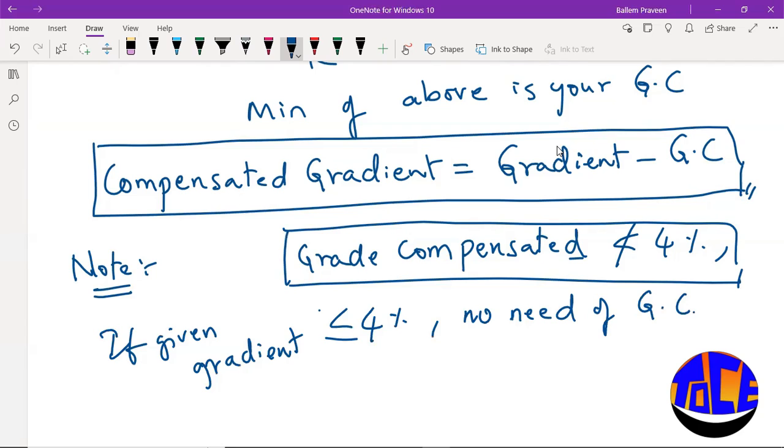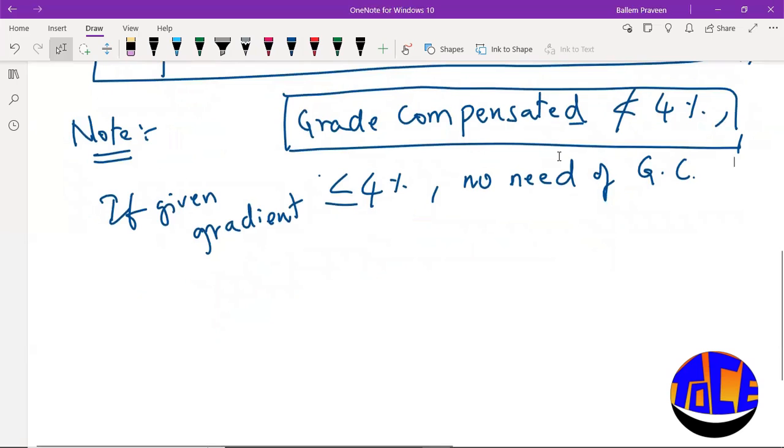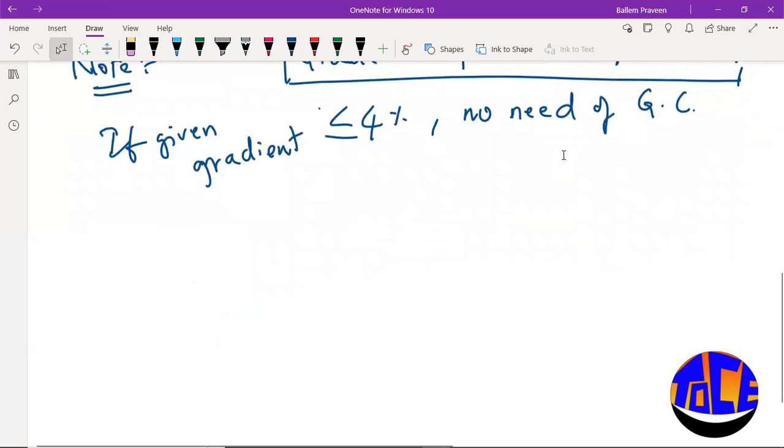Remember this value, right? Let us do one problem also so that you will get clarity.